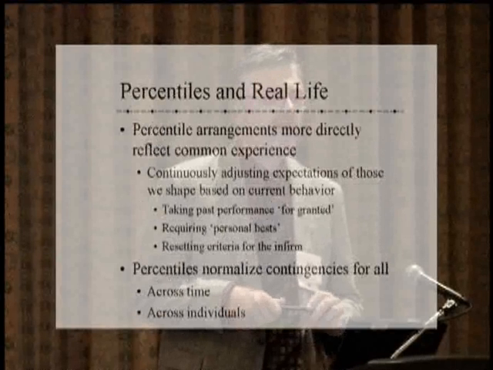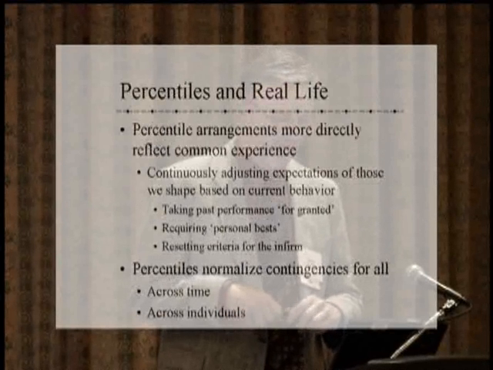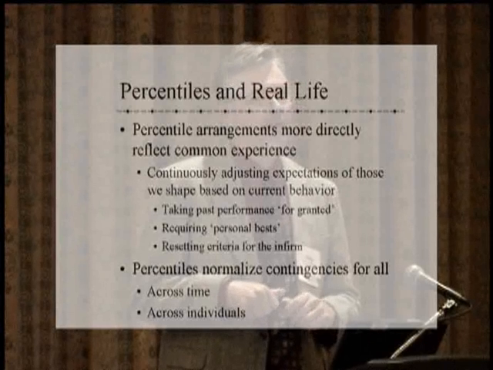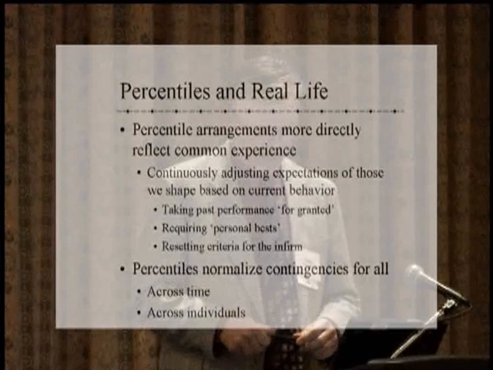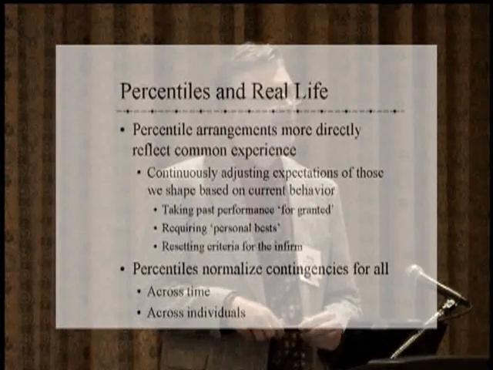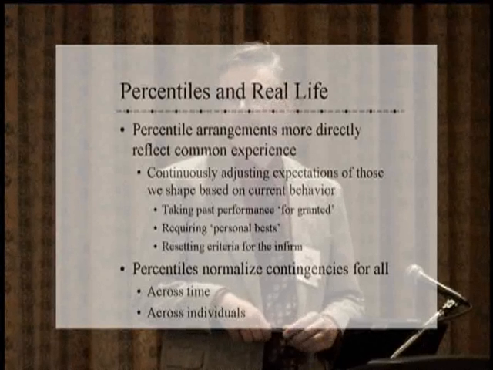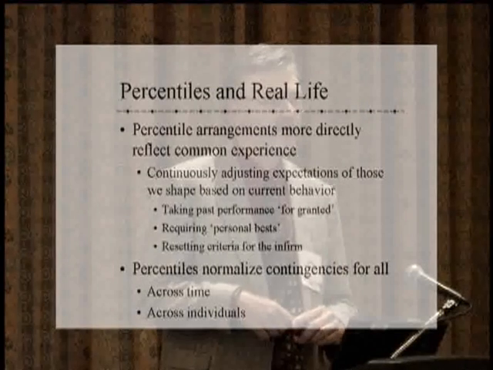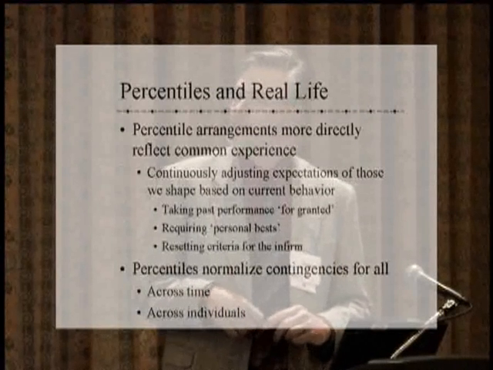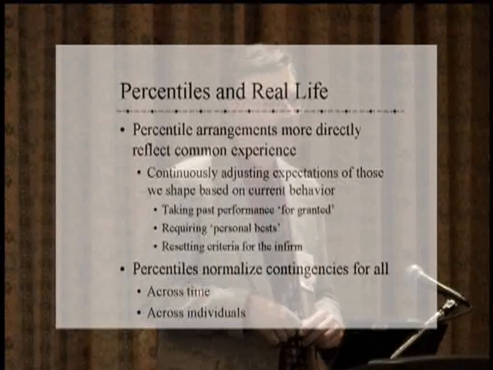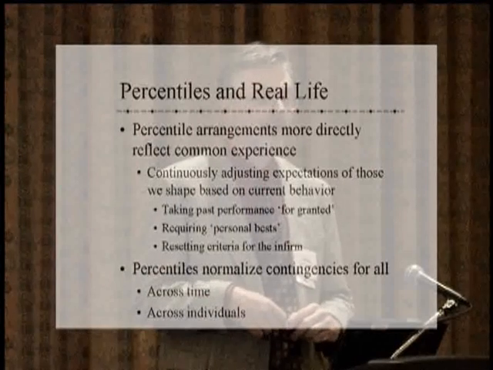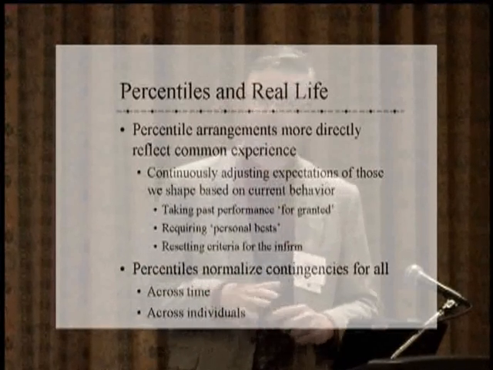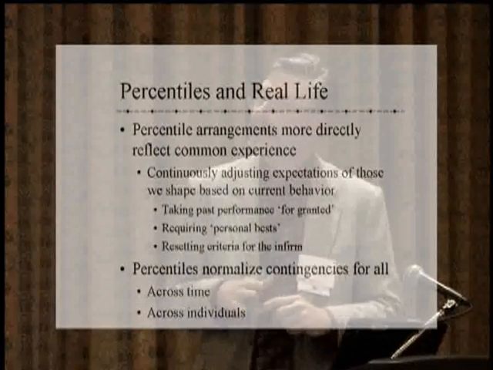Percentile schedules in real life. I think percentile arrangements much more directly reflect common experience than do the other contingencies that we've studied these past 50 years. If you think about the ways you treat your children, dogs, mothers, spouses, we can continuously adjust the requirements, the expectations of those we shape based on their current behaviors. We begin to take their past performance for granted, and we're telling them how much we love them for doing the same stuff they've always done.